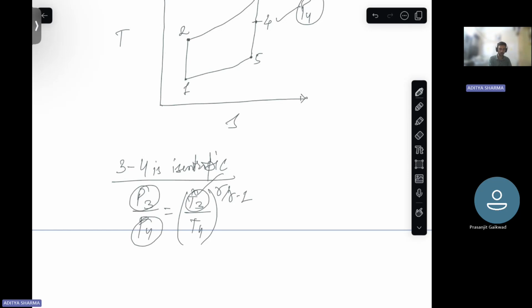T4 is not given to us, so we need to find out T4 also. So T4, P4 and P3 we need to find out. But for P4, we need to find out P4 and P3 first, right?